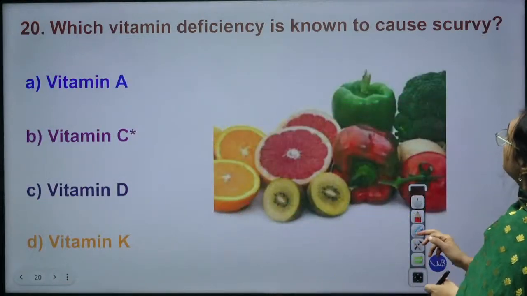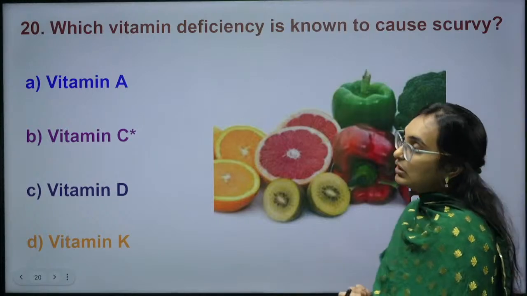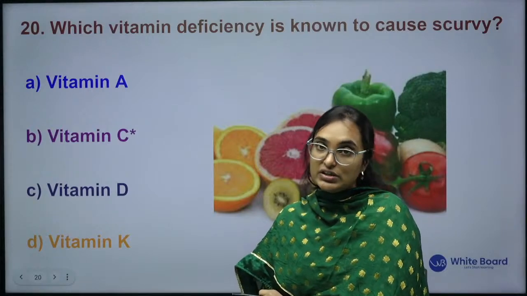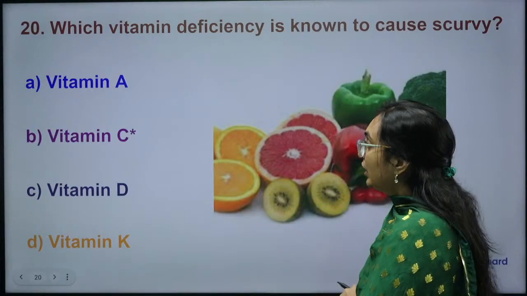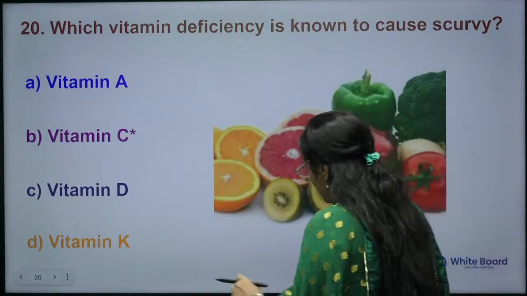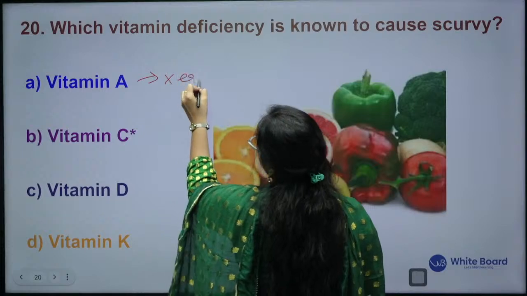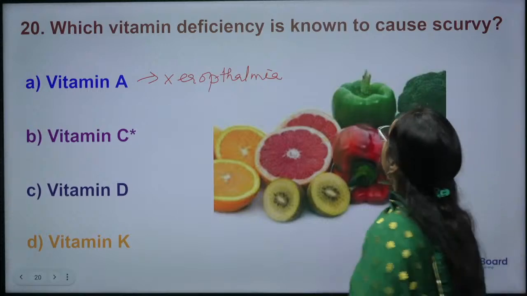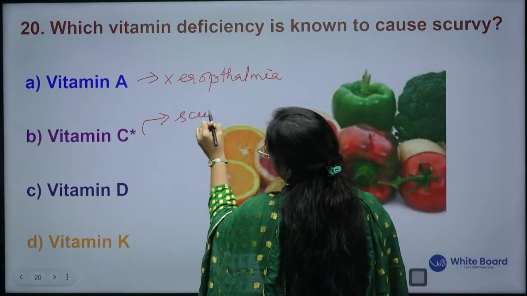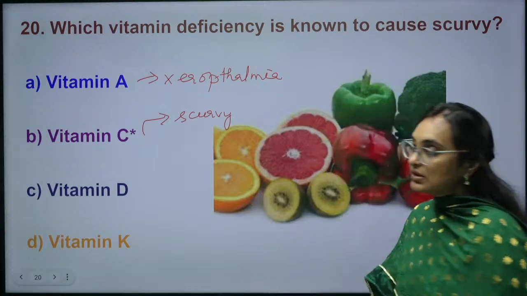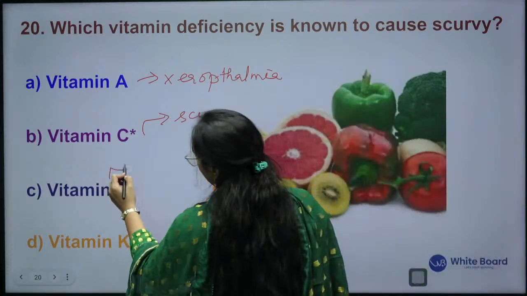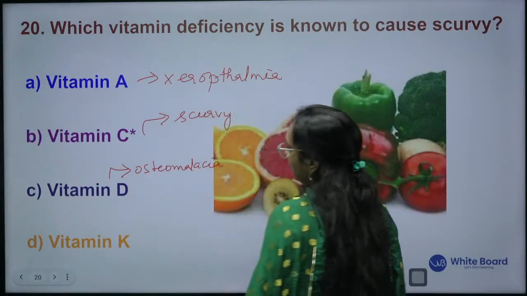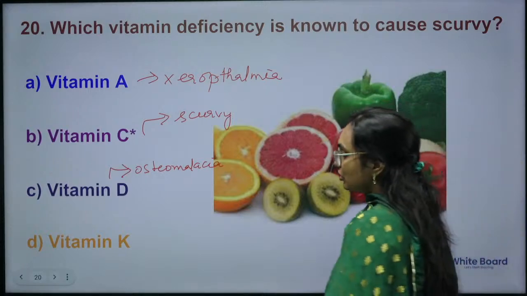Which vitamin deficiency is known to cause scurvy? Here also, each and every vitamin, their names, deficiencies and functions, try to make it as a table. Vitamin A deficiency causes xerophthalmia. Deficiency of vitamin C causes scurvy. Vitamin D deficiency causes osteomalacia.